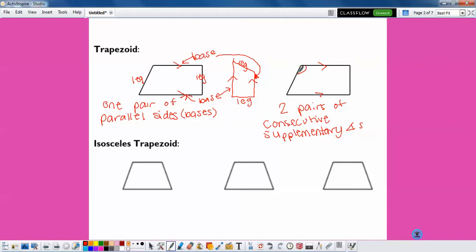So if this angle is 100, and this one's 80, these two together would add to 180 degrees.